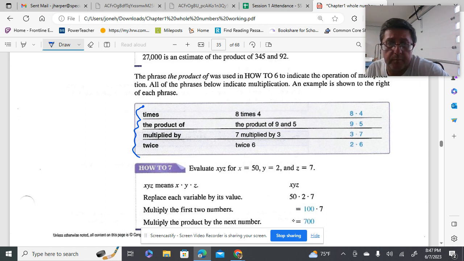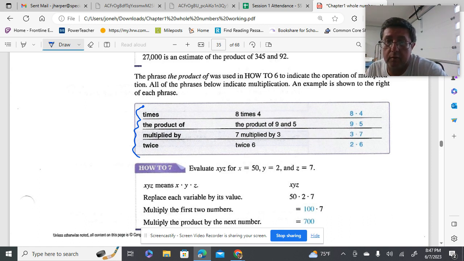But I'm not going to worry about that. The product of 9 and 5. So that's another way you know it's going to be multiplication if it says product. That's one of the most important. Now, if it says multiplied by, 7 multiplied by 3, it means 21.